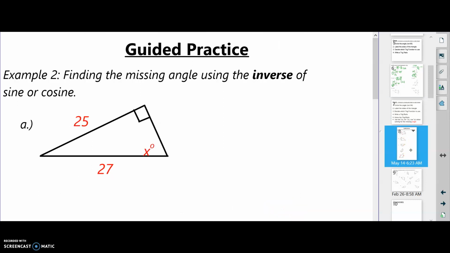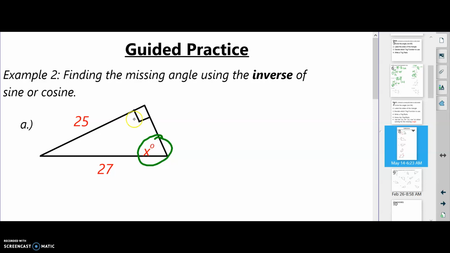All right, so here's my first example. I'm going to go through those 5 steps. Step 1 is to circle the angle. The angle is X. That's the one I want to find. Then step 2 is label the sides based on that angle.